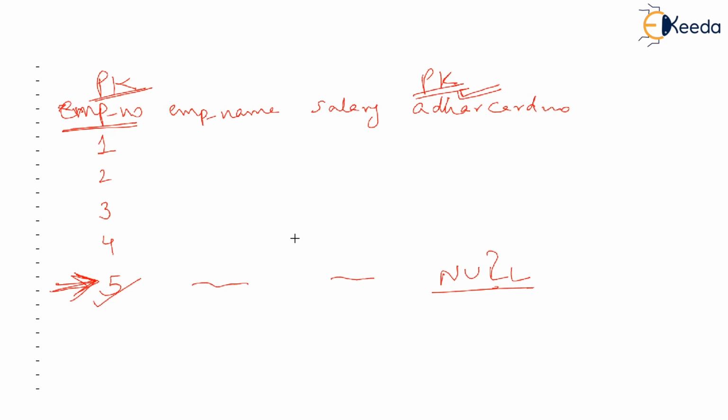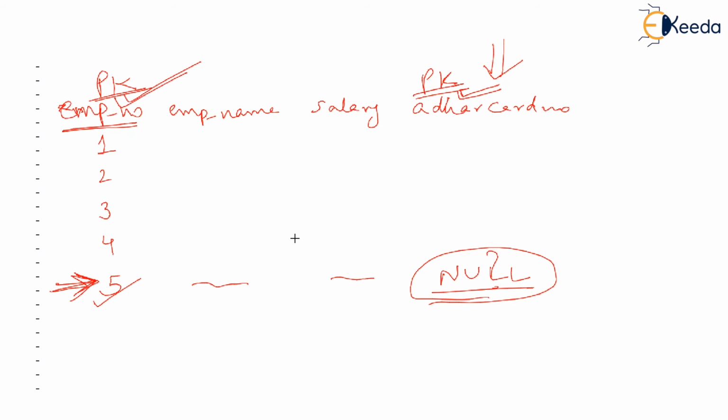But you cannot have null values for a primary key column. So you're locked. Although you want Aadhaar card number to be a primary key, there can be some employee who does not have any Aadhaar card number right now. Then employee number wins the competition, and you would say that let employee number be the primary key.